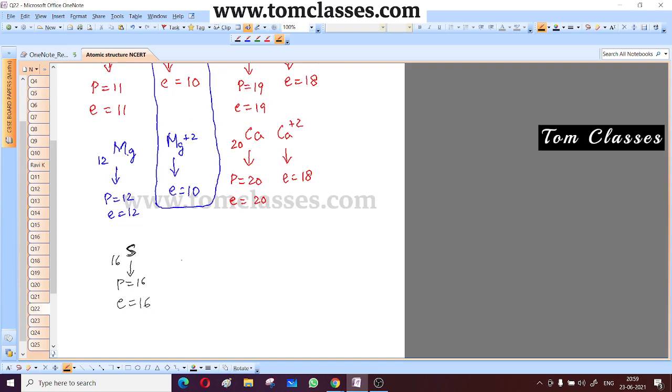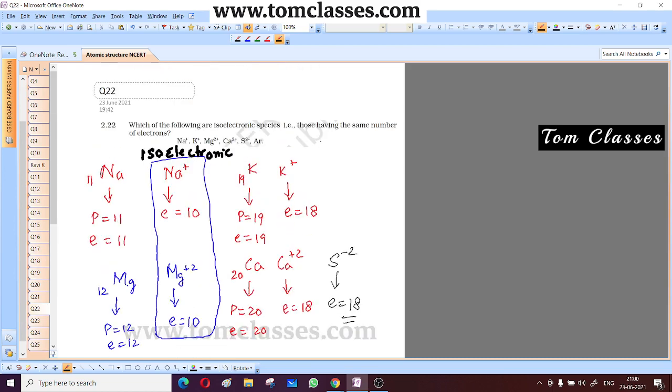So the number of electrons is 18, which is the same as this one.